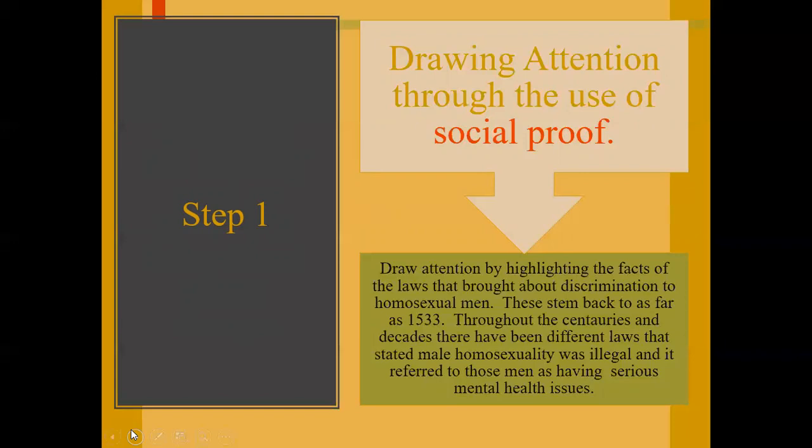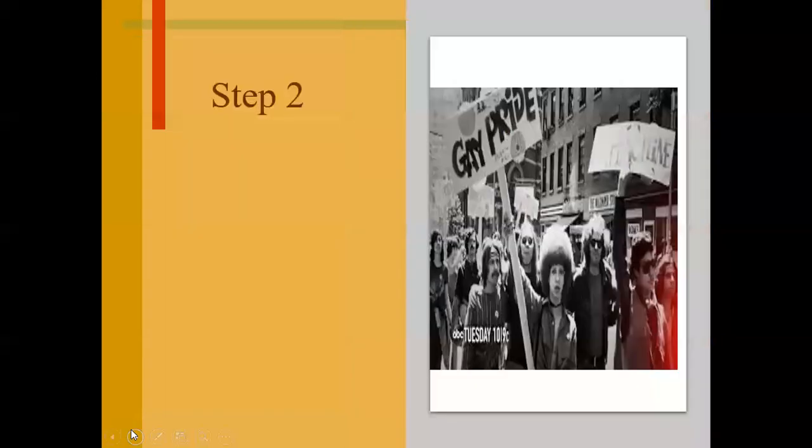So it's really important that we have the social proof. We don't just draw attention, but we need to have the evidence to back it up, to be taken seriously. So once we've drawn the attention and we've provided this social proof, we move on to step number 2. And this has got to do with consistency. Now, consistency is a key factor.